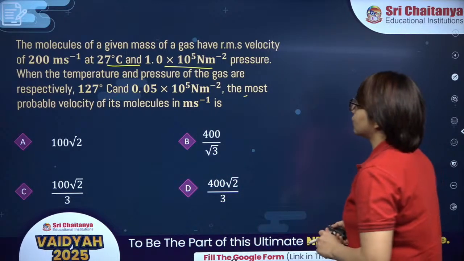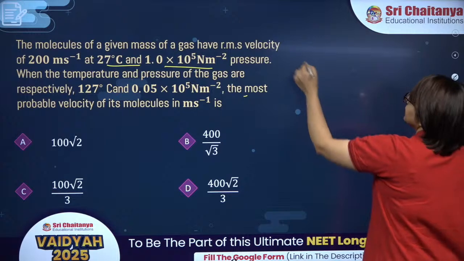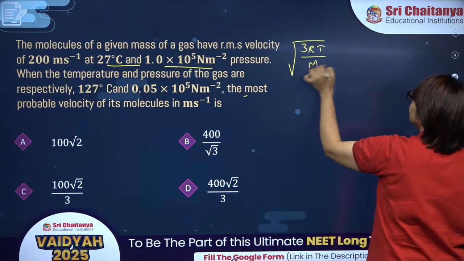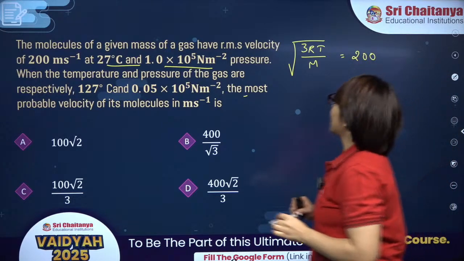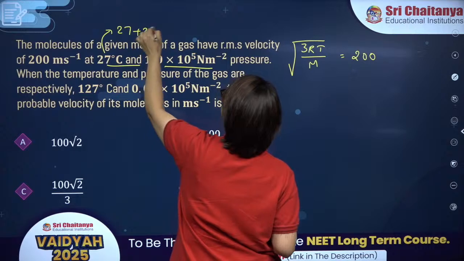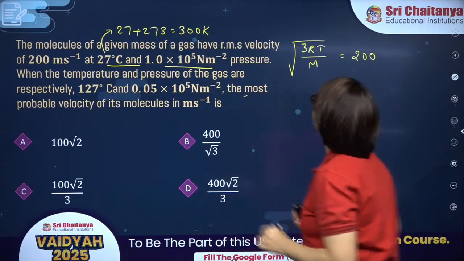Okay, so for doing this question, you should remember the formula. Vrms is under root of 3 RT divided by M, and it is equal to 200. We are calculating Vrms at temperature 27 degrees Celsius, which is 27 plus 273, which is 300 Kelvin, right?